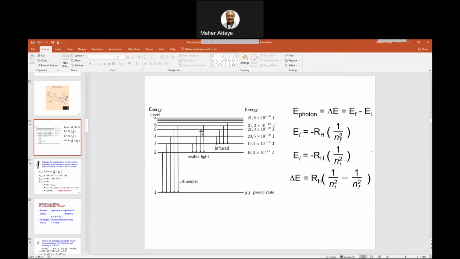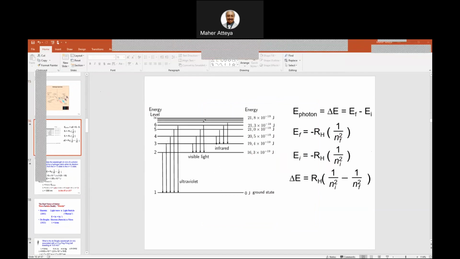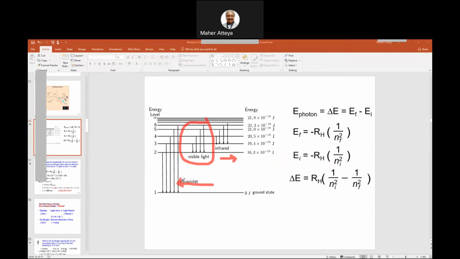You can see the emission from the 6th to the 2nd. All of our emissions are in this visible range. Here is infrared, and here is ultraviolet. For ultraviolet, you can see the levels from the 6th to the 1st, the 5th to the 1st, the 4th to the 1st, the 3rd to the 1st.